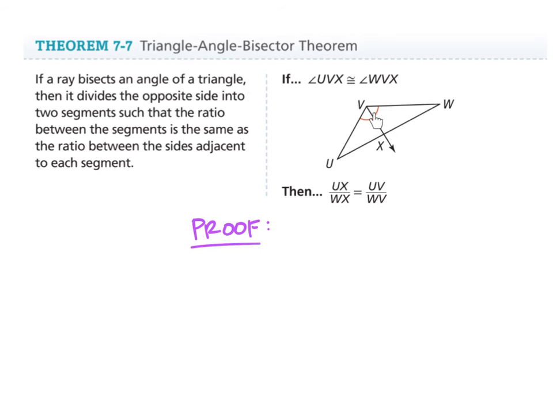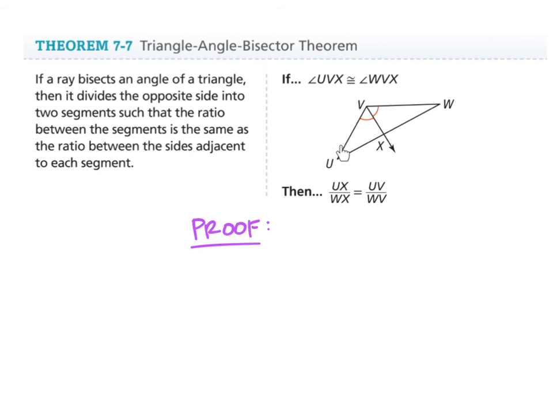So it's bisecting this angle and then continuing on through, crossing this side and breaking it into two parts, UX and WX. There's a relationship of proportionality between these two parts and the other two sides of the triangle.